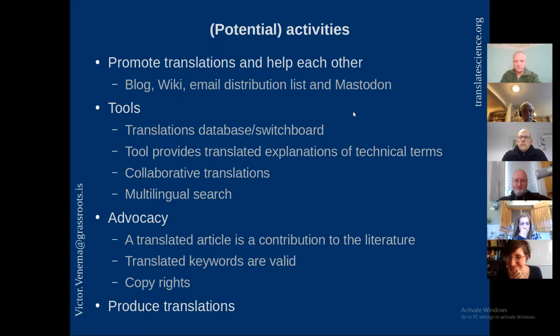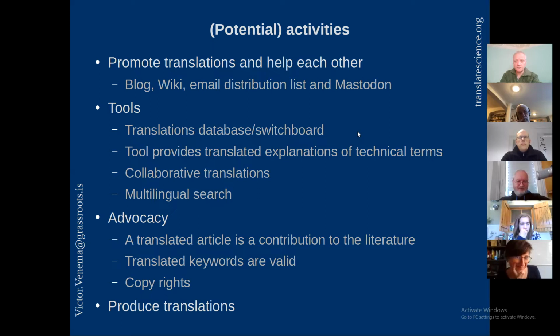You need quite a few skills to translate the scientific articles, both topical, disciplinary, and language skills. And if you do that in a group, that's much easier to get and make good quality translations. And it's probably also more fun to do it collaboratively. Multilingual search would help that many more national science work in national languages is not ignored. And once you found it, maybe people will then ask for the translation.